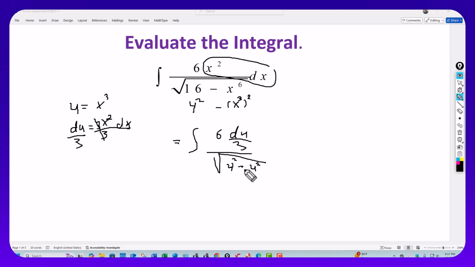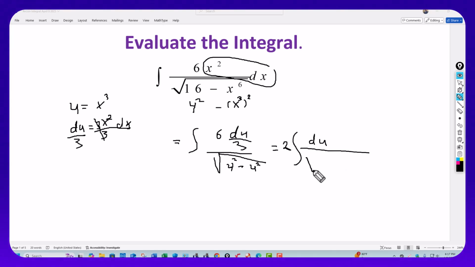I mean, though this looks like a u, but this is a 4 here. So then reduce this down, 3 into 6 will be 2, and we can factor that out and just leave it as du.